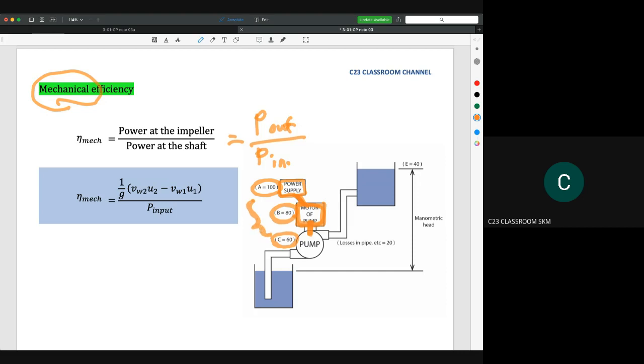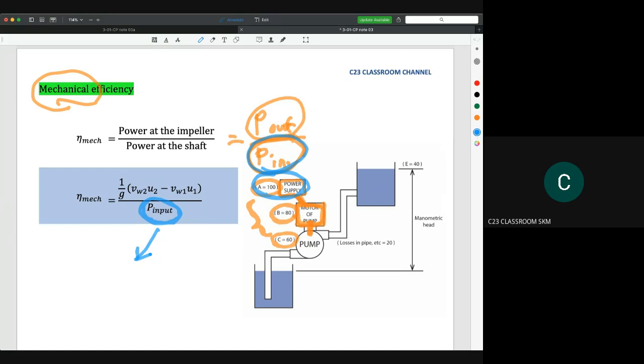So all of these is actually the mechanical efficiency. Okay, so what is the output and what is the input? We know that the input here is the power supply. That's why we use the power input here, because it is normally given in the question, or it depends on the power written in the manual sheet.